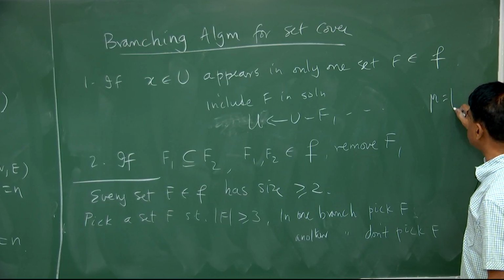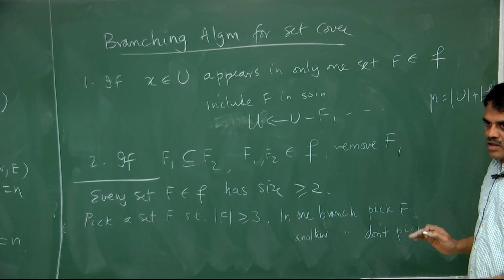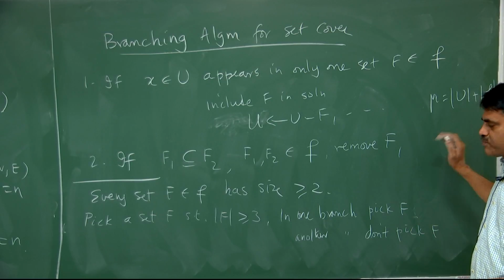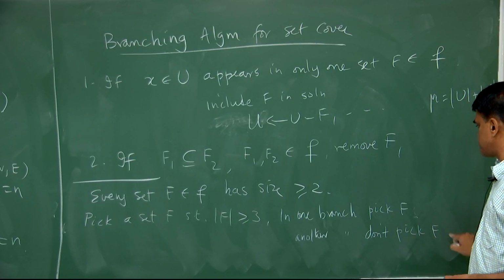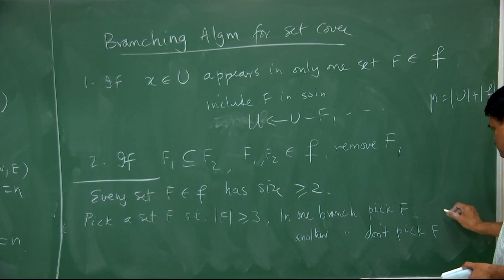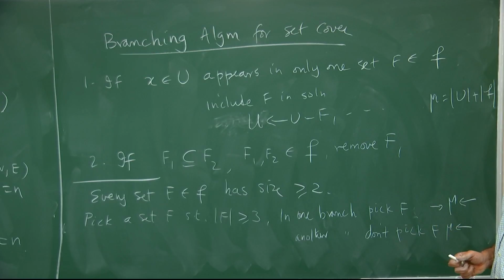is going to be the size of the universe plus the size of the family. Okay. What is this measure? We'll come to that. So tell me what happens to this measure in each of the branches. In this branch, what happens to mu? So I pick F into my solution.